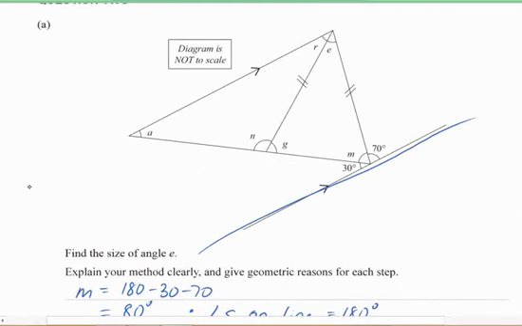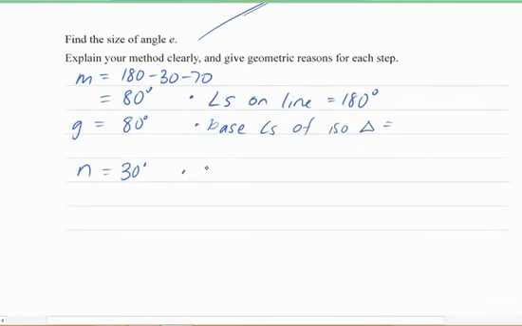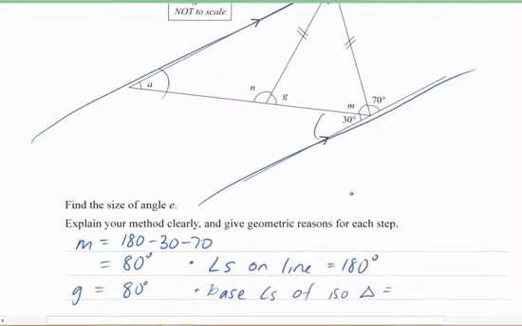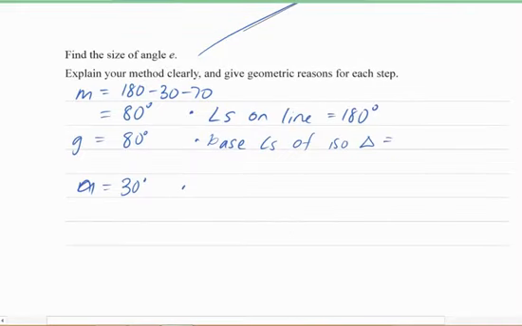We've got parallel lines, and 30 and A are alternate angles. That should be A is 30 degrees because of alternate angles on parallel lines.